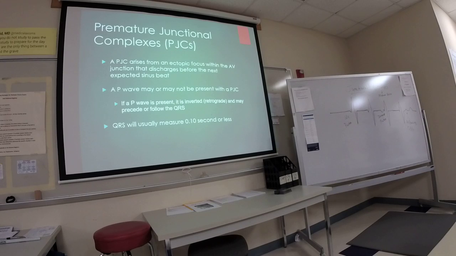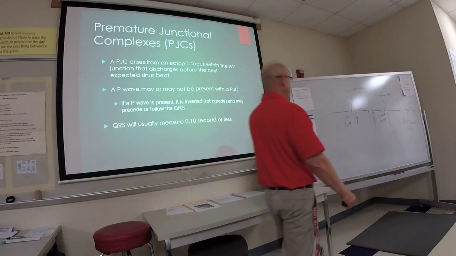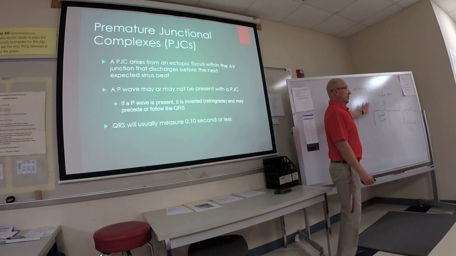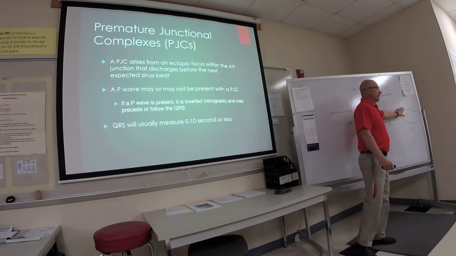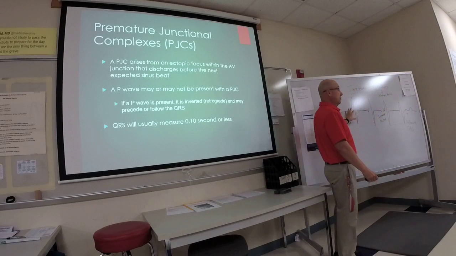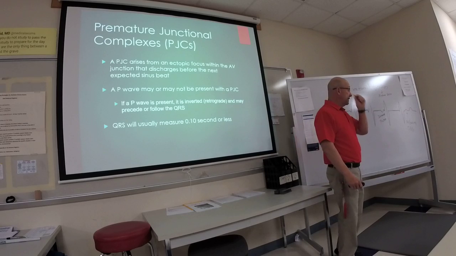So PJCs are the same as PACs, except that they originate from the junction. They originate from the AV junction or the AV node. They don't have P waves, but they might be inverted, or they might be here. Typically there's no P wave.